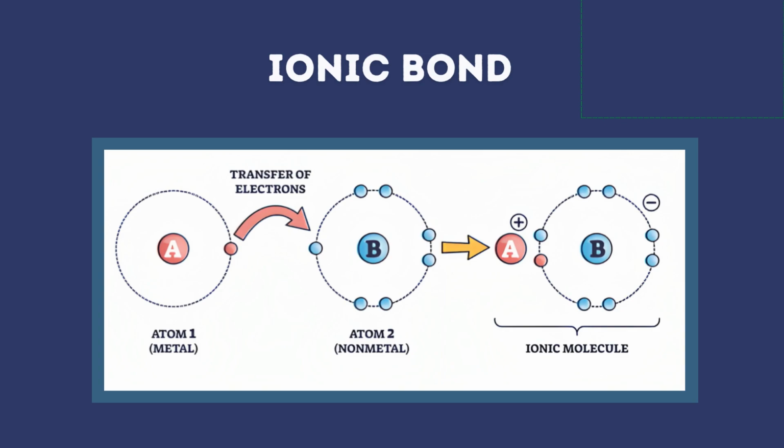The electrostatic force of the attraction between these ions forms the bond. Ionic bonds typically occur between metals and nonmetals and are characterized by high melting and boiling points, as well as the formation of crystalline structures. Examples of ionic compounds include table salt and calcium carbonate.